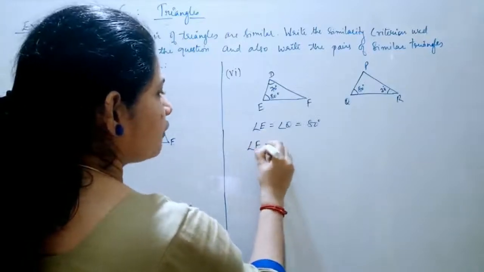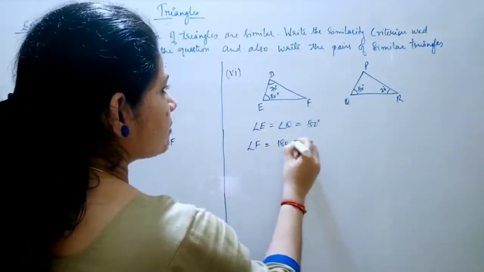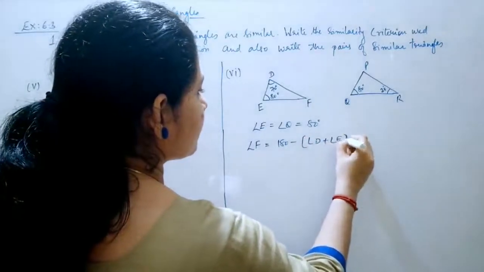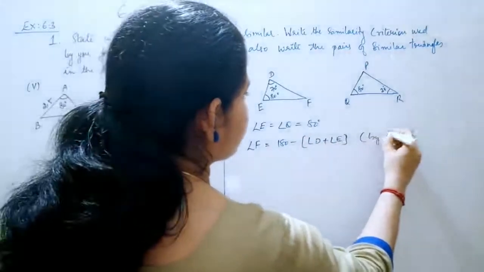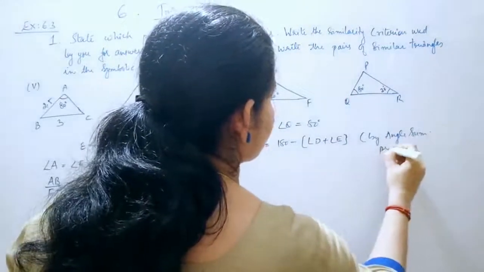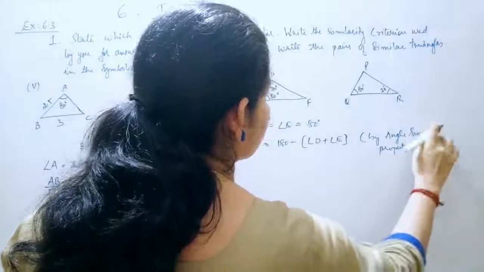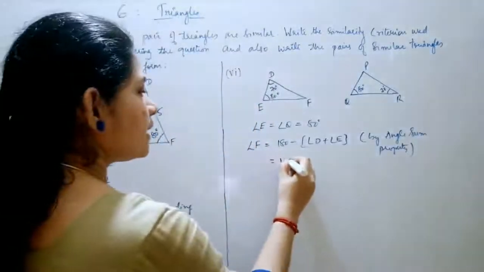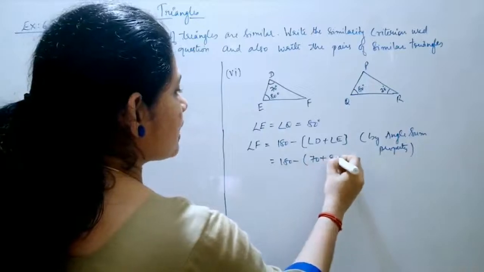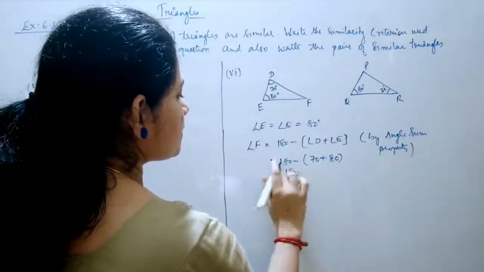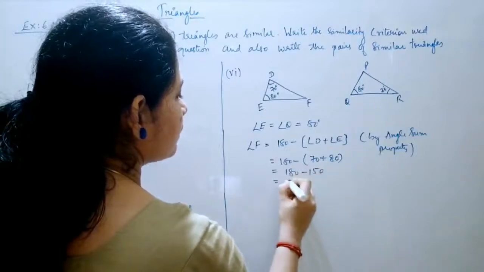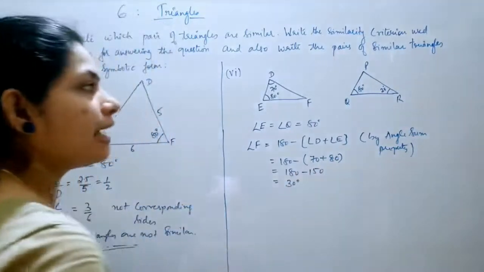So angle F will be equal to 180 minus the sum of angle D and angle E by angle sum property. So you will get 180 minus 70 plus 80, which is 180 minus 150, or 30 degrees. So you are getting angle F to be 30.